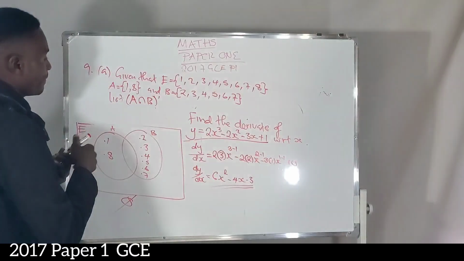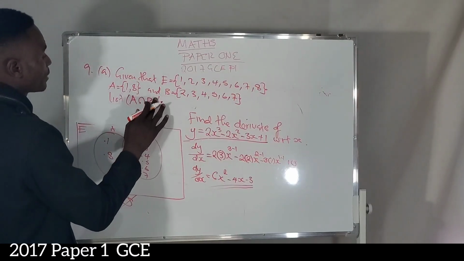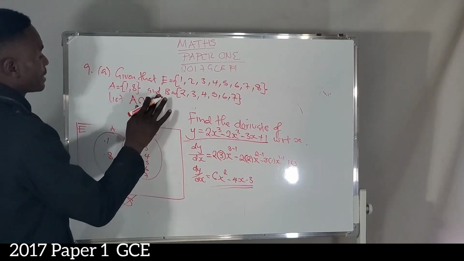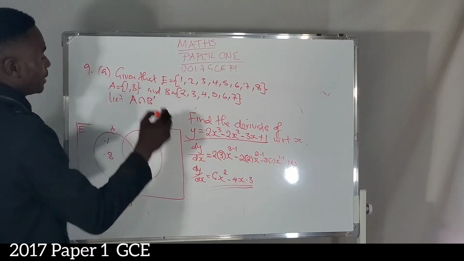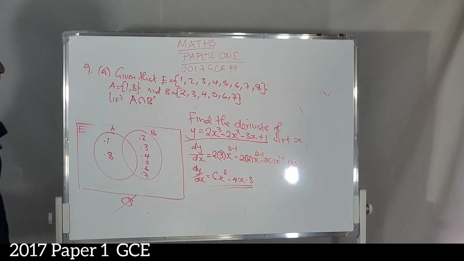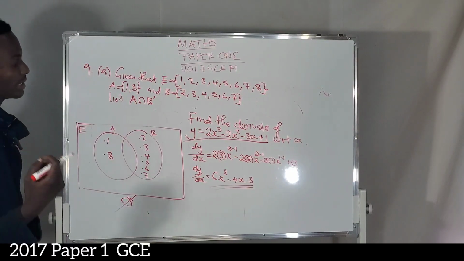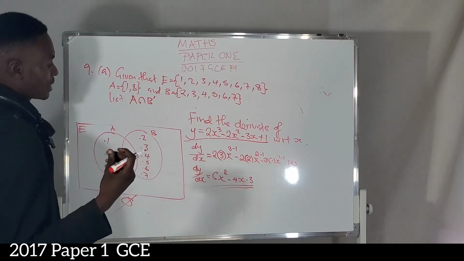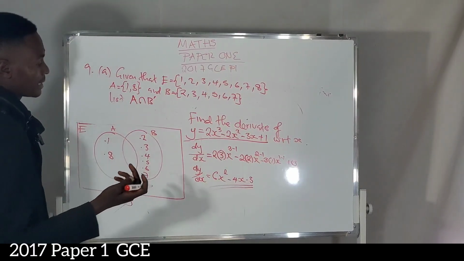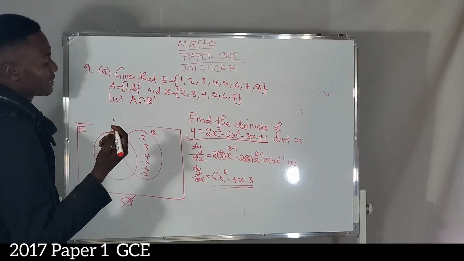Now, what if the complement is not there and the complement is just here? Remember the principle I said earlier on question 3: start with the set that has a complement.